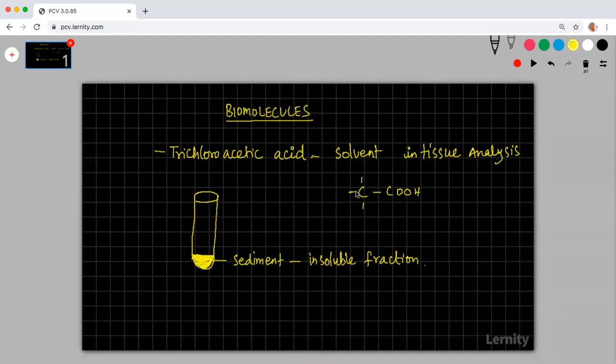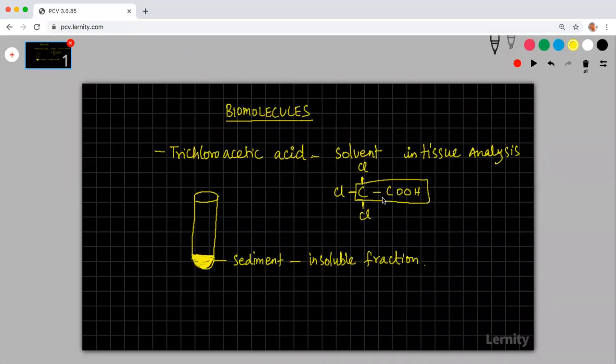Instead of these hydrogens in CH3, if they are all converted into Cl, then it becomes trichloro. And what acid is this? This part is contributing to acetic acid. So that is trichloroacetic acid.